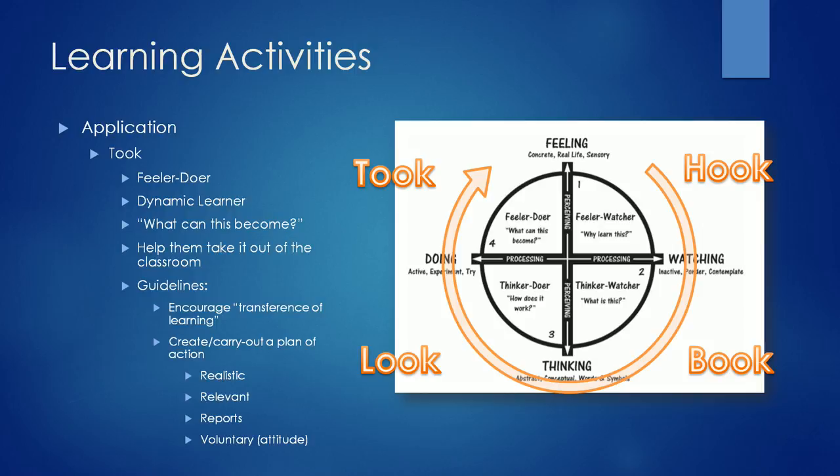Now, when it comes to knowledge and understanding and psychomotor skills, you certainly can test for those, and those don't have to be voluntary. But when it comes to attitude change, make sure that those are voluntary. That's why we do such things, and let them decide what it is they want to do.